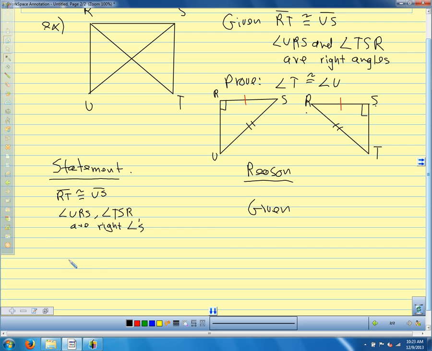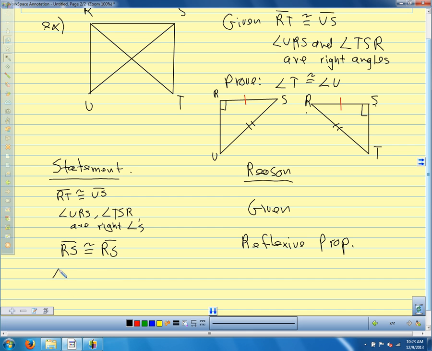We said that RS is congruent to RS, segment RS is congruent to segment RS, and that's going to be reflexive property. And that lets us say the triangles are congruent. We already decided that.